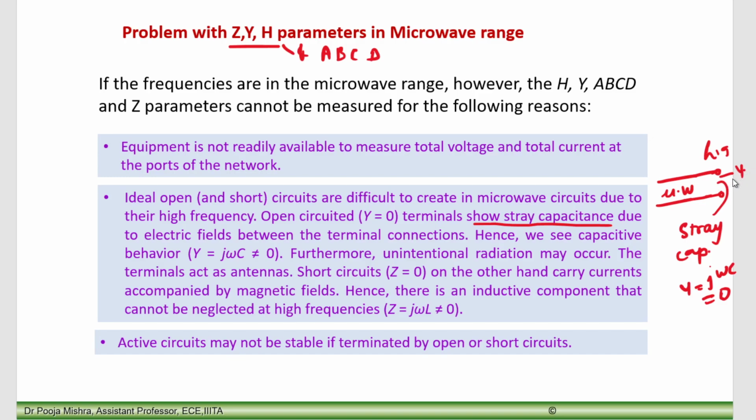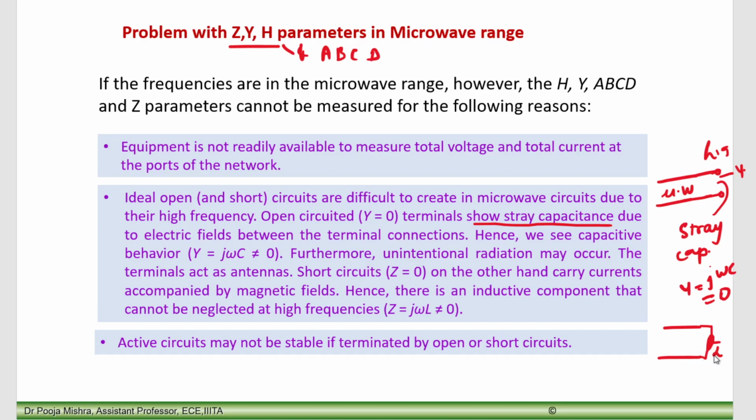This is the problem. The second problem: if you want to measure any z, y, h parameter in microwave frequency, you need to create a short circuit here. So in a short circuit, what will happen? At high frequency, certain impedance may appear because of this short circuit. Short circuit means you need to use a wire, which may have inductance and resistance.